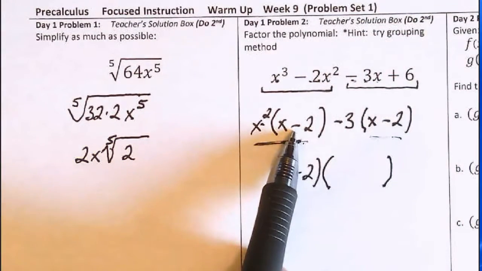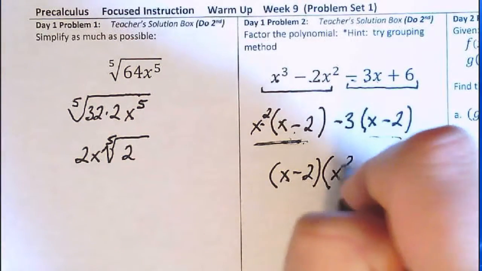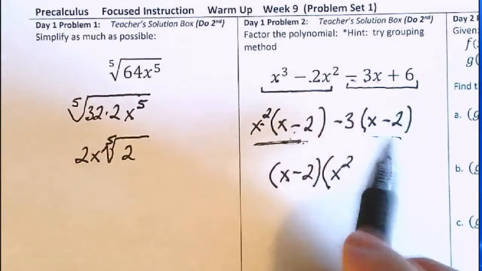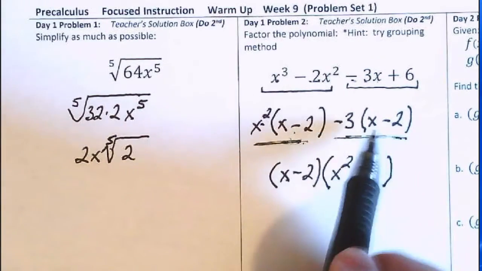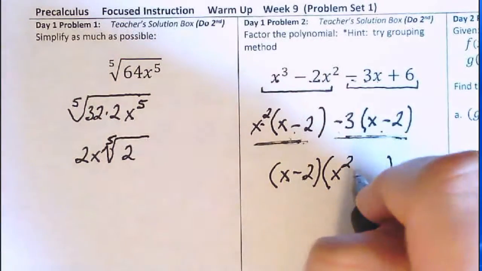Well, it was x minus 2 times the x squared. Now over here, x minus 2 times what was this part? Well, it was x minus 2 times negative 3.